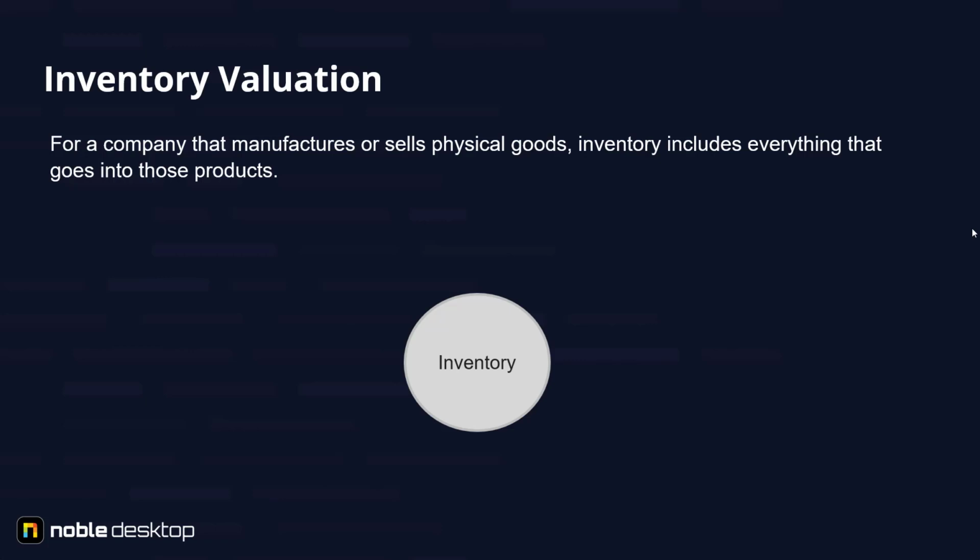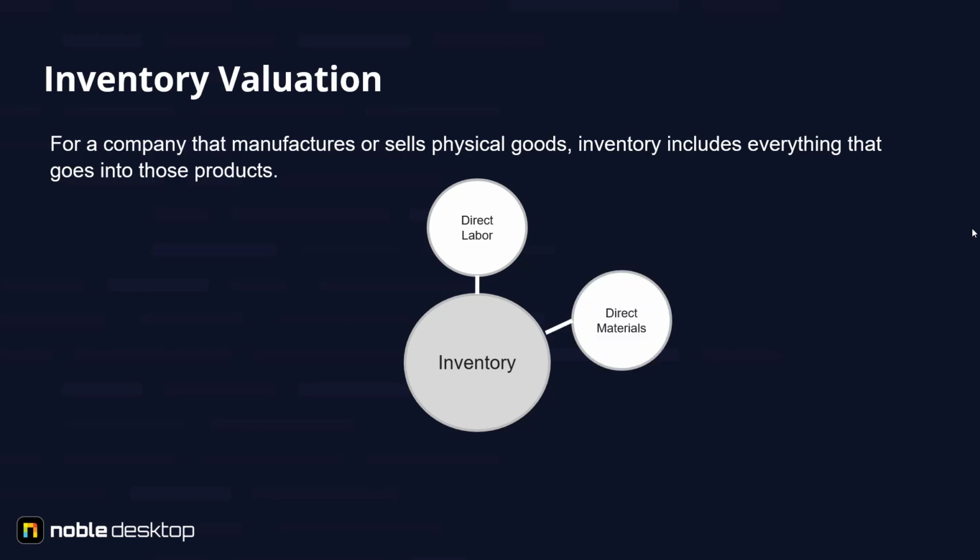Costs included in inventory valuation are: direct labor, which includes wages paid to those involved in assembling the products, the payroll taxes, pension contributions, and any company-paid insurance coverage for these employees.